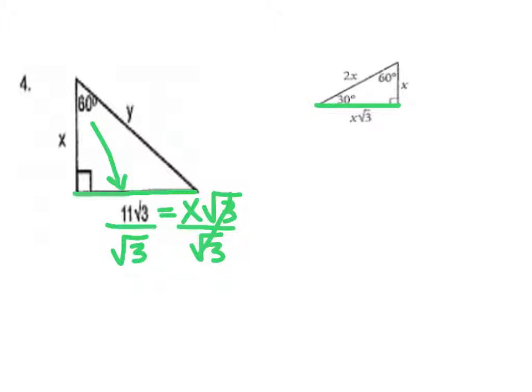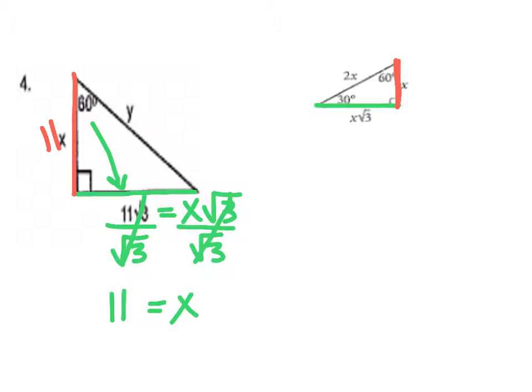Square root 3 divided by square root 3 goes away, and I'll have x equals 11 square root of 3 divided by square root of 3. Anything divided by itself is 1, so 11 times 1 is 11. So the short side over here is just 11.